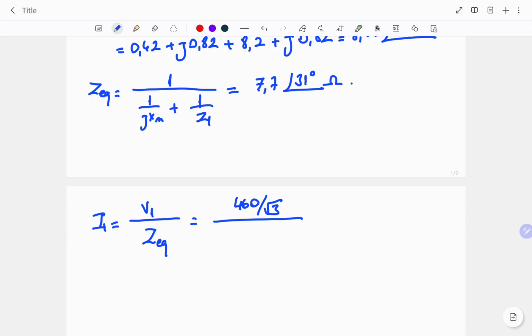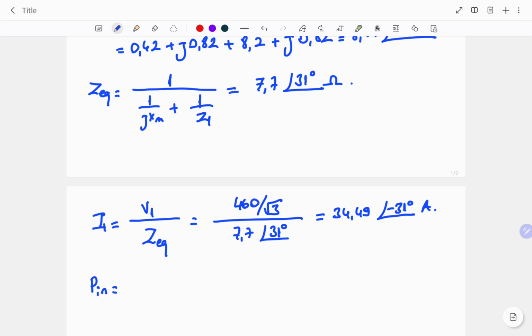And according to our calculations, the equivalent impedance is equal to 7.7 with 31 degrees. And 34.49 with minus 31 degrees will be the I1.